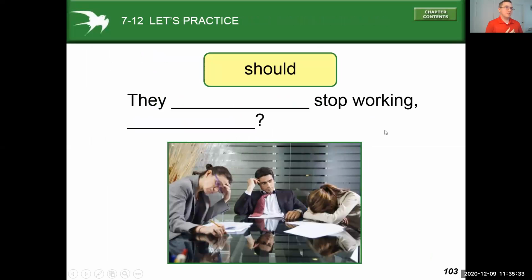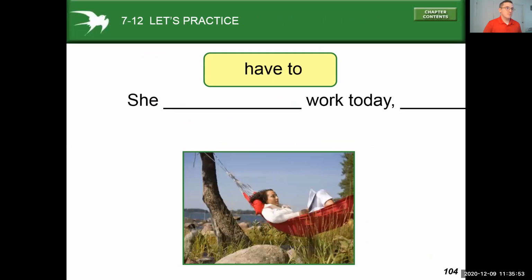Let's practice. We have the modal should. How do we fill in the blanks? They should stop working. Shouldn't they? Have to.